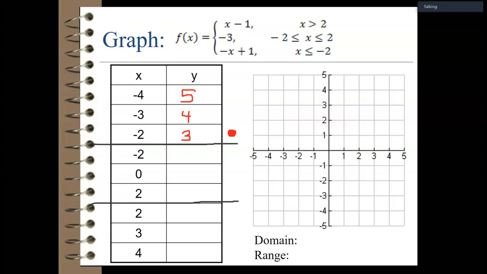So you have (-4, 5), (-3, 4), (-2, 3). And again, this graph continues for all x values less than or equal to -2. So it is going infinitely up and to the left.